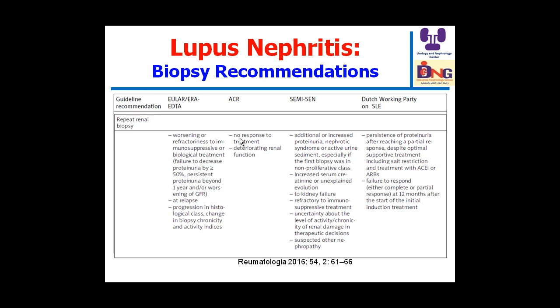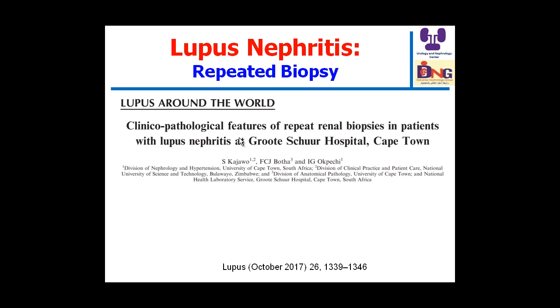But there is no agreement between different nephrologists regarding repeated biopsy. A repeated biopsy just for surveillance is not indicated up to this point in time and is still debated, but a repeated biopsy can be indicated if there is worsening or flare-up of lupus nephritis.